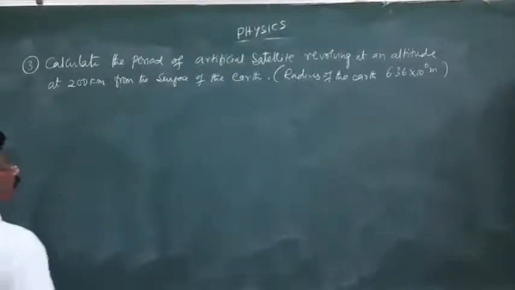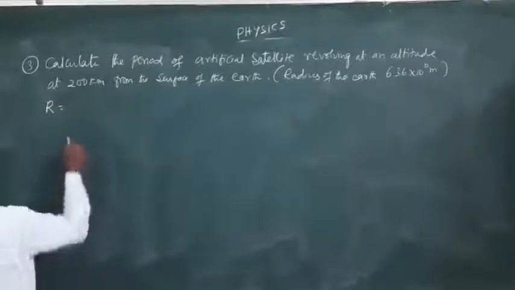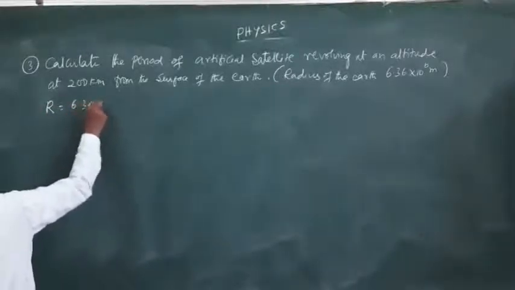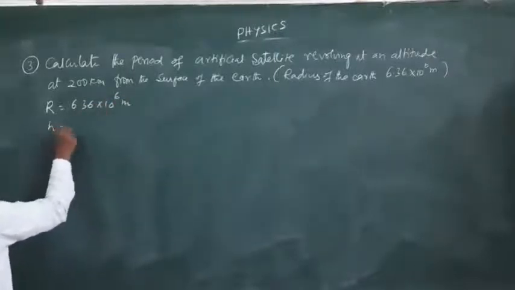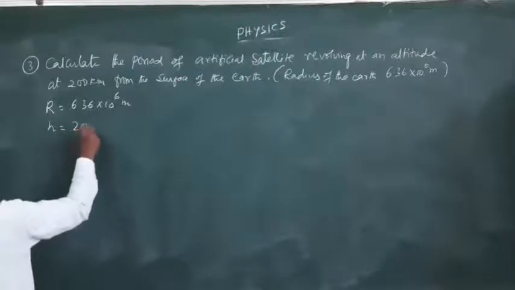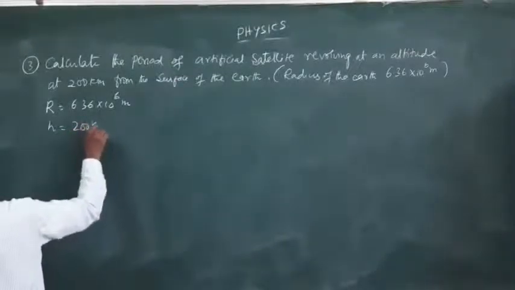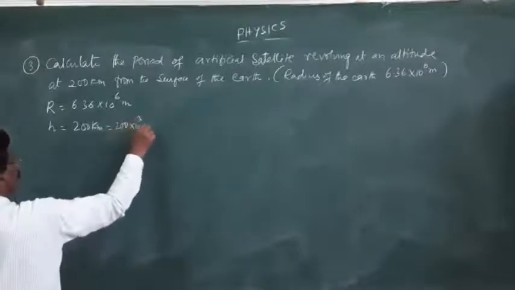First you note down the values given. Radius of the earth is 6.36 into 10 raised to 6 meters, and height from the surface of the earth is 200 kilometers, that is 200 into 10 raised to 3 meters.